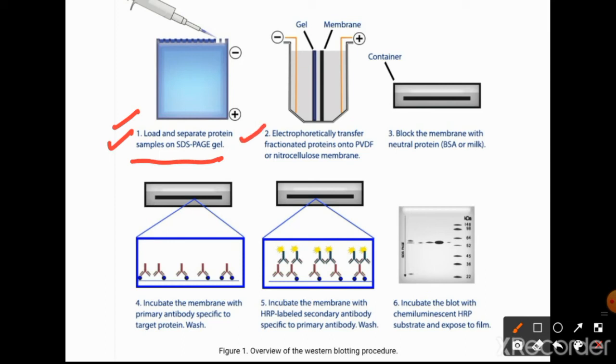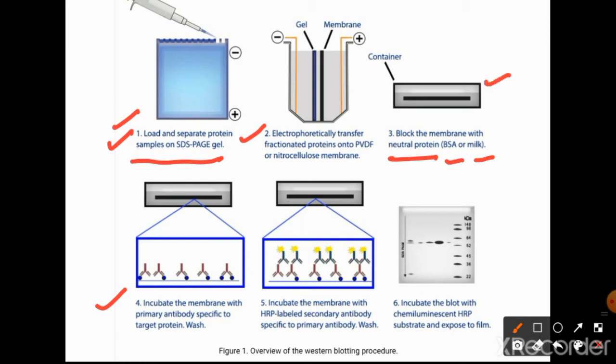After that we will transfer it to a nitrocellulose membrane, and we will block the membrane with neutral protein like BSA, bovine serum albumin, and milk. Then further we will incubate the membrane with primary antibody molecules that are specific to that particular protein.